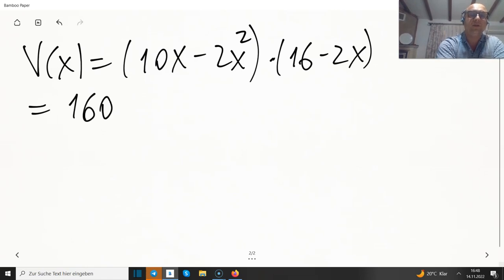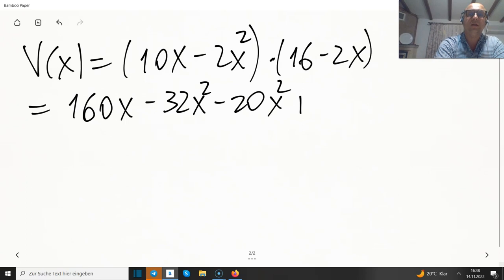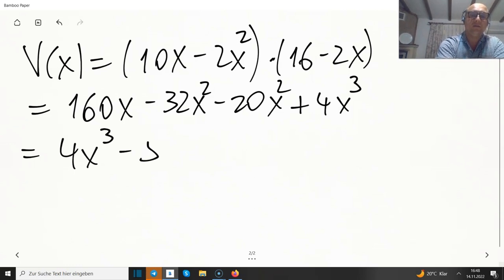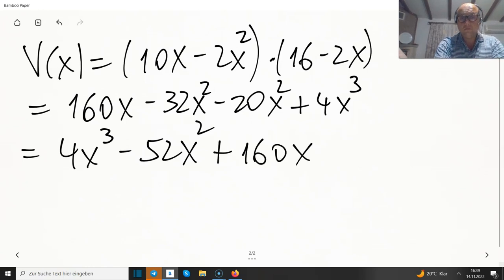We're going to get 160x minus 32x squared minus 20x squared plus 4x cubed, that's 4x cubed minus 52x squared plus 160x. I hope I haven't made any mistakes.